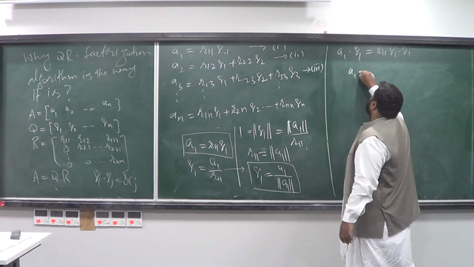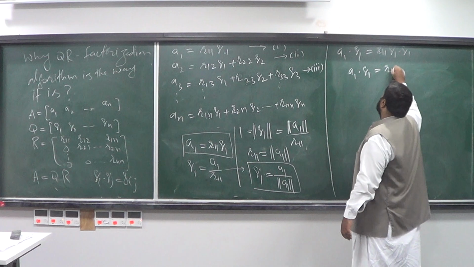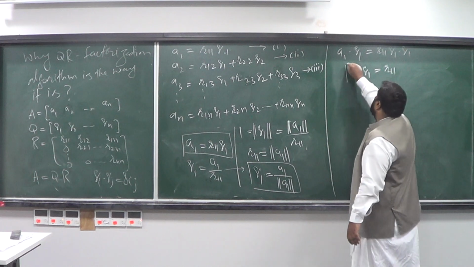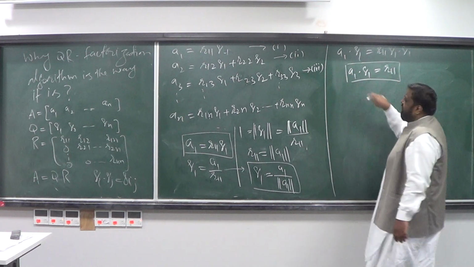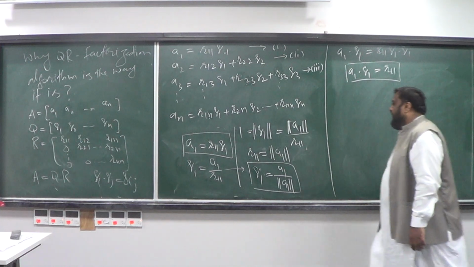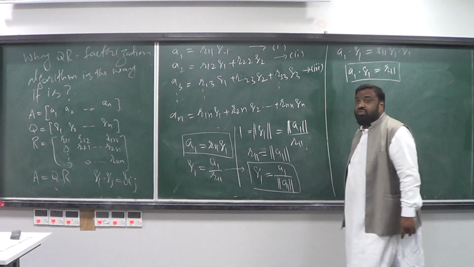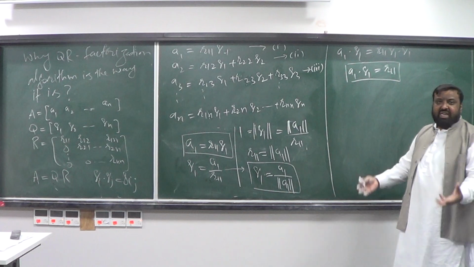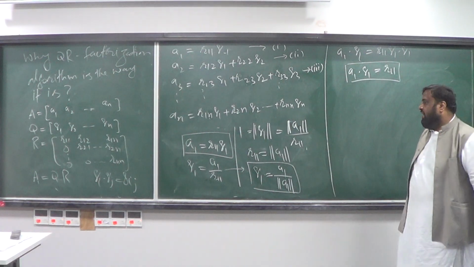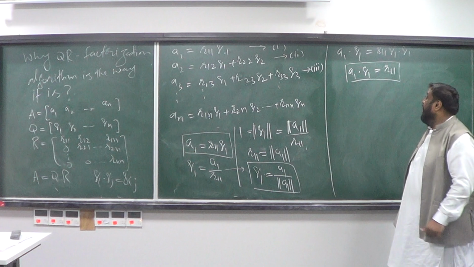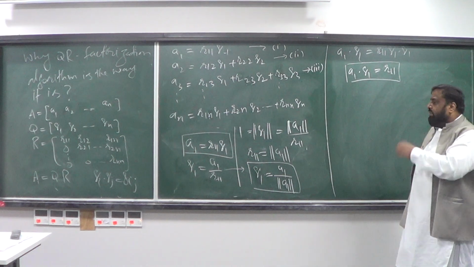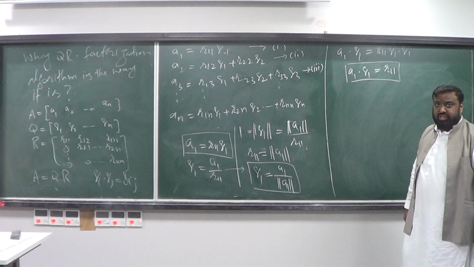So A1 dot Q1 is really R11. So my R11 is A1 dot Q1, and my Q1 is A1 divided by the magnitude of A1, as mentioned in the algorithm.